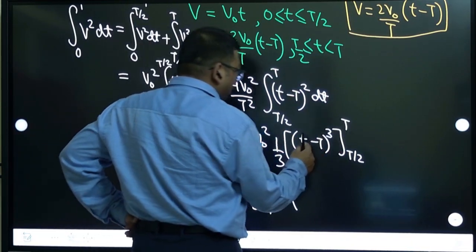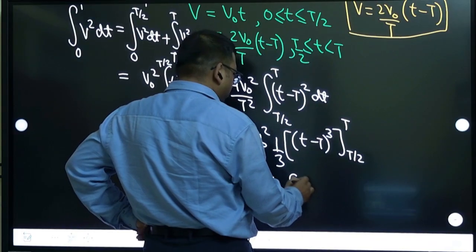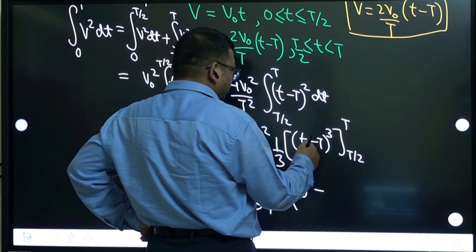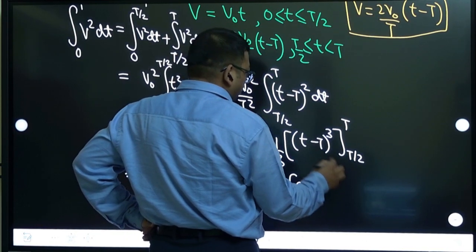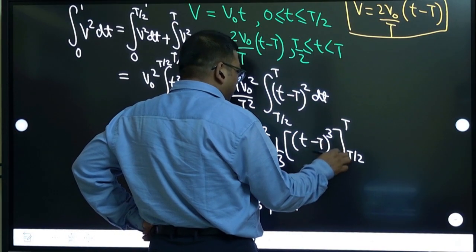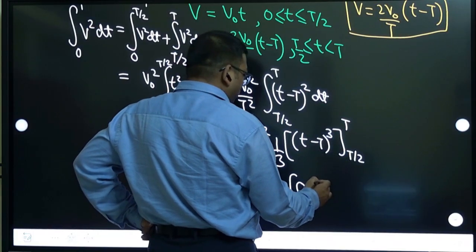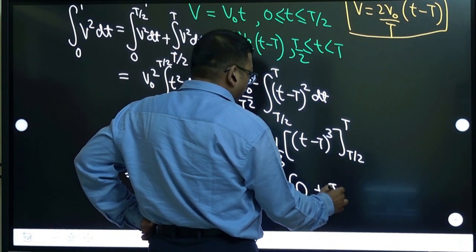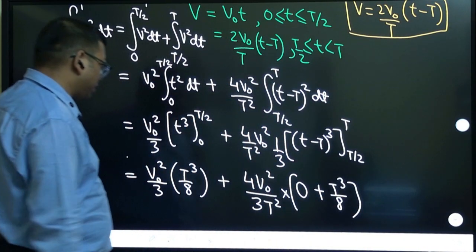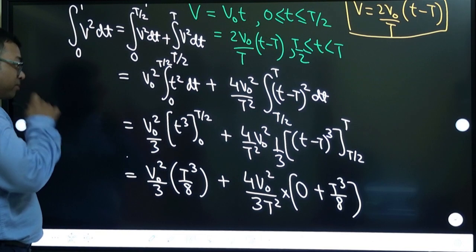So when you put upper limit, t minus t becomes 0, right? T minus t becomes 0 minus lower limit. Lower limit is t by 2 you have to put. So t by 2 minus t is minus t by 2. Minus t by 2 whole cube will become plus here and this will become t cube by 8. Here also it is becoming t cube by 8. Check that. Correct?